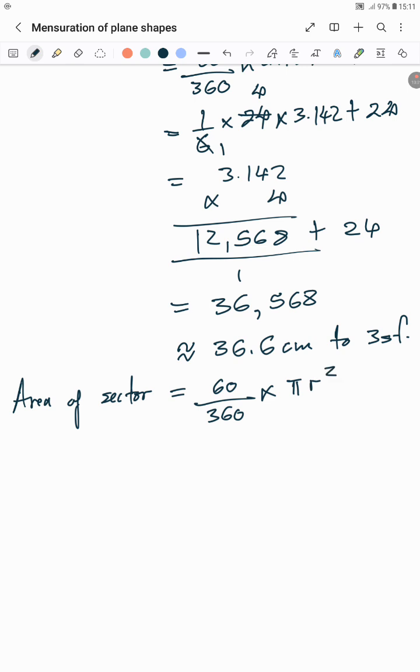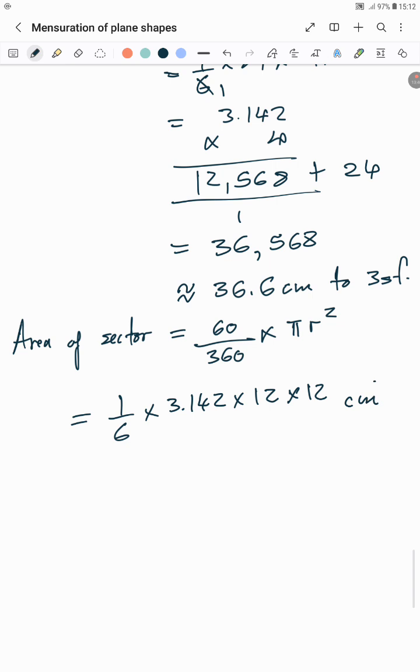Pi r squared. So how are you going to find pi r squared? We are saying our pi is 3.142, so I'm just going to rewrite this. It's going to be 1 over 6 times 3.142, which is pi, and radius, that's 12 times 12, right? And your answer is going to be in square centimeters.